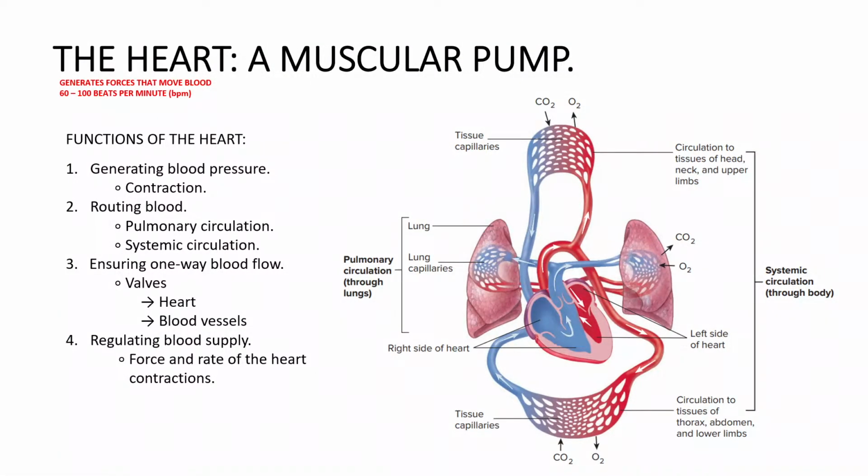So we looked at three things: the heart, the blood, and then the blood vessels. So today I want us to look at the heart, and then we look at some diseases in relationship to diet, and then high blood pressure being a very common condition.